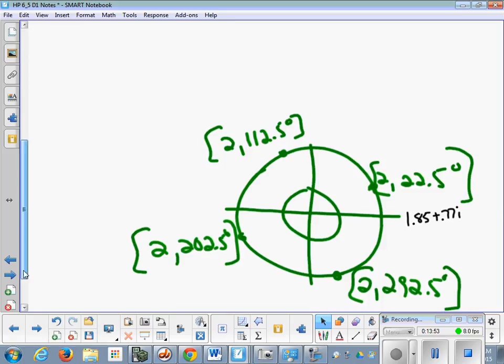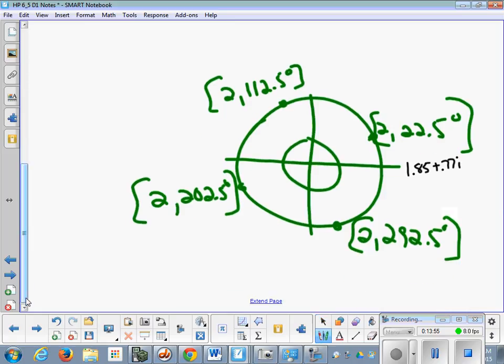with a little bit of thought, I know that these are 90 degrees apart, and this creates a perfect square. This is over 1.85 and up 0.77. This is very symmetric. This is going to be back 0.77 plus up 1.85i.